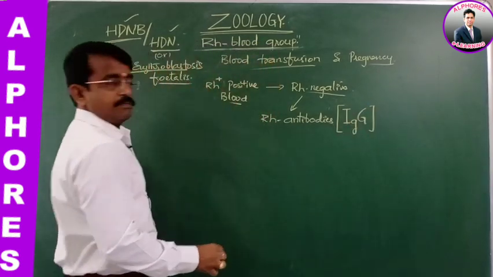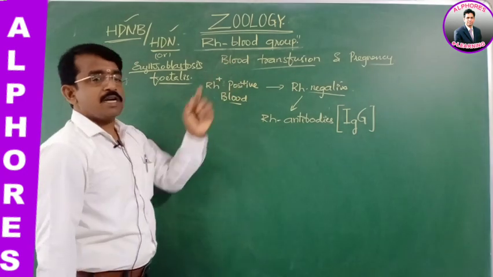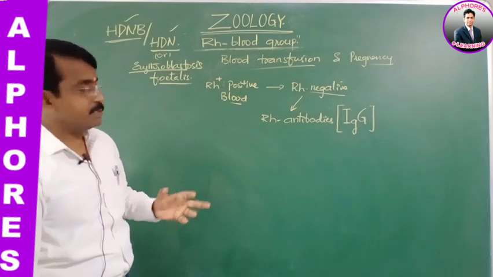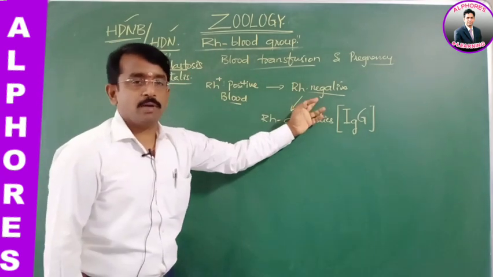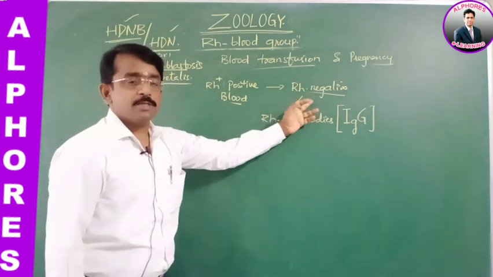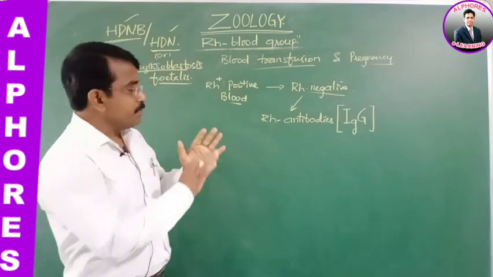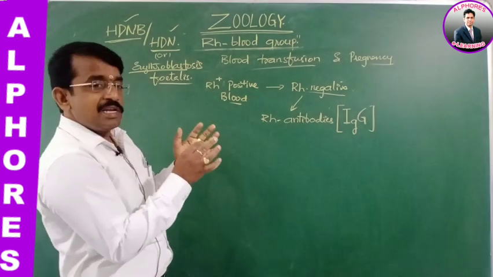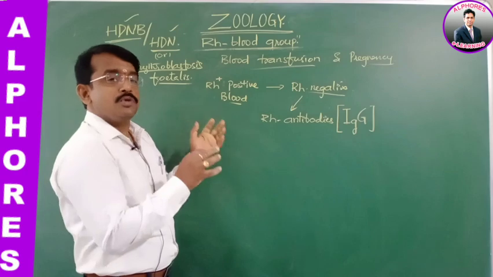I repeat. This is the first instance of how blood transfusion is harmful. When Rh positive blood is given to an Rh negative individual, Rh antibodies are produced in the Rh negative individual. I already told you that Rh antibodies do not exist naturally and are produced when an Rh negative recipient receives blood from an Rh positive donor.